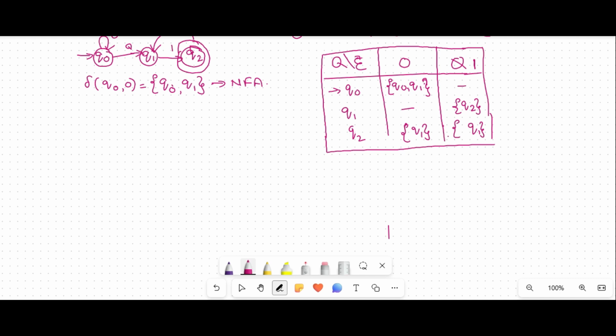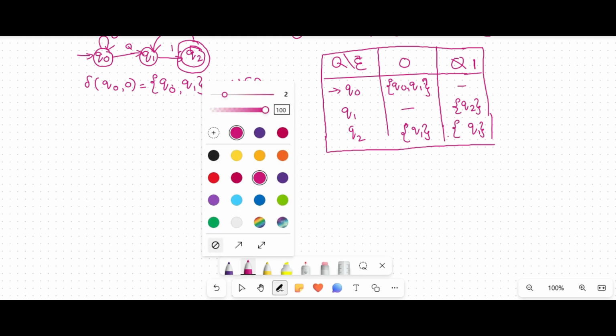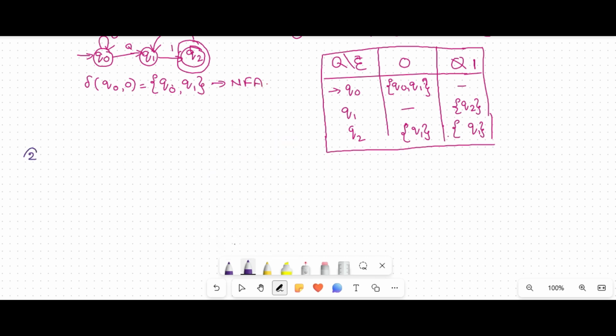Now what is step 2? Step 2 is that we directly represent a DFA transition table. I am explaining this in an easy manner.